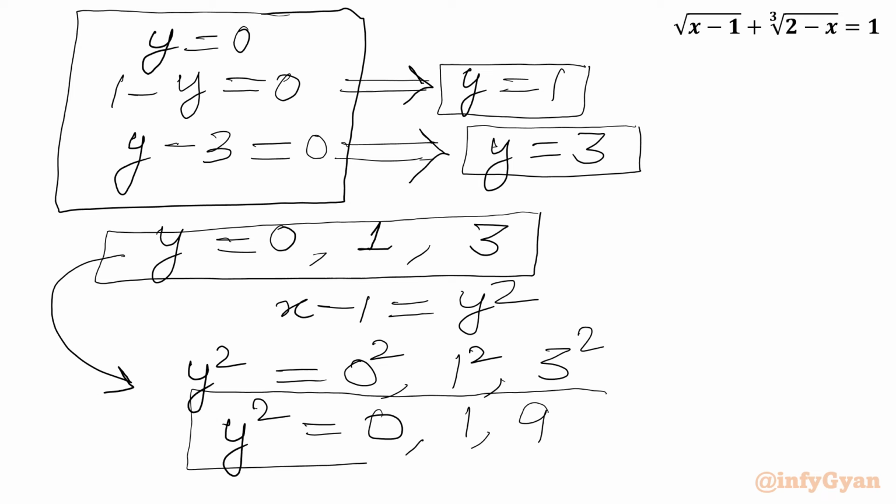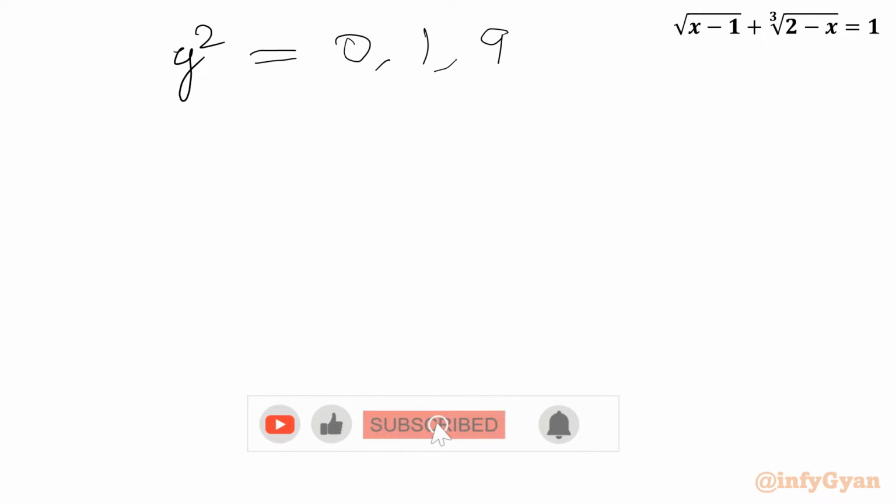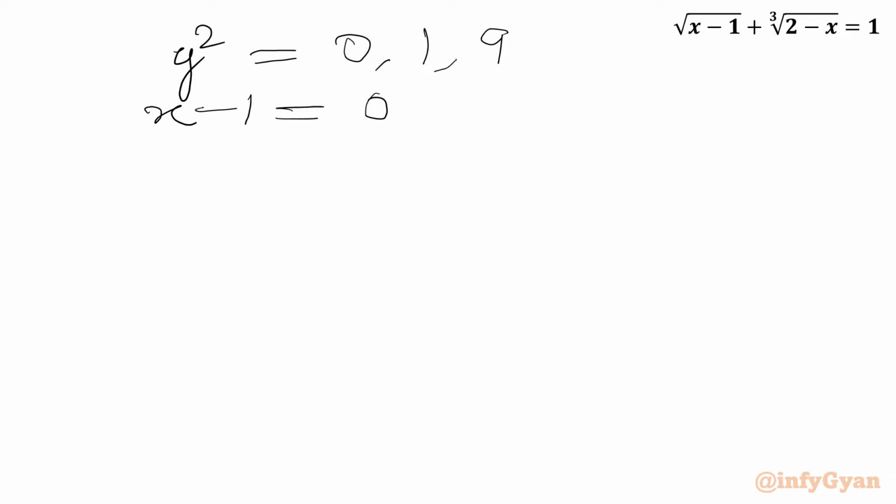Now in place of y square, we can write x minus 1. So I will write x minus 1 equal to 0, 1 and 9.